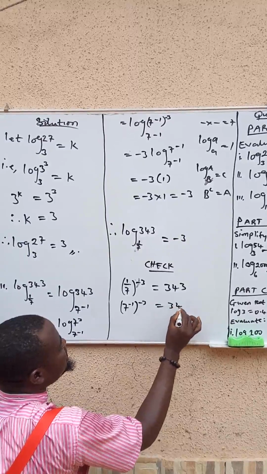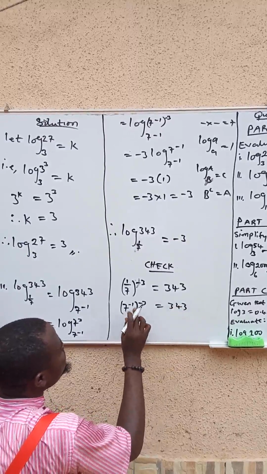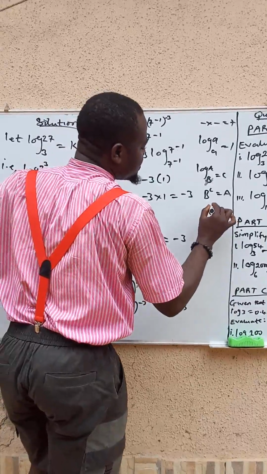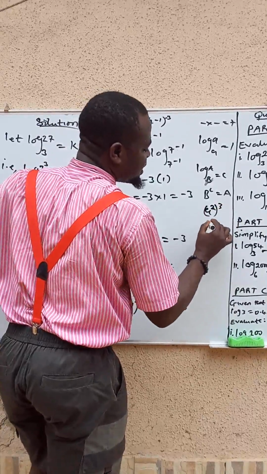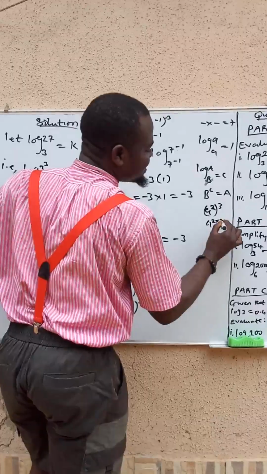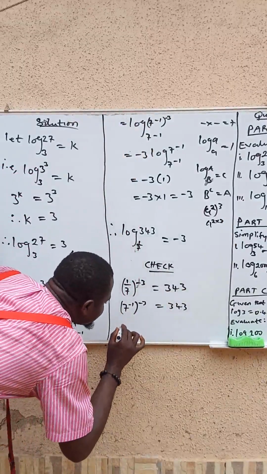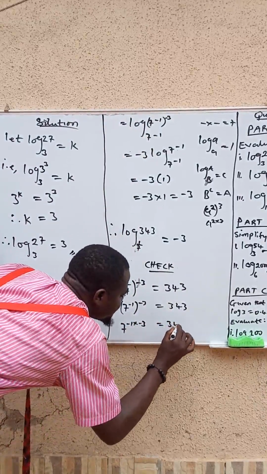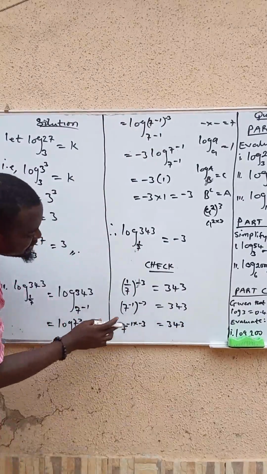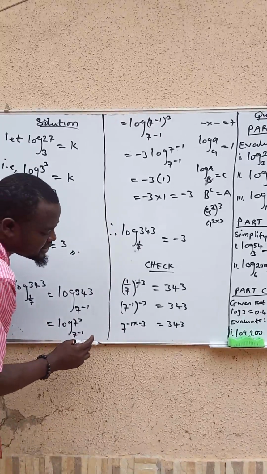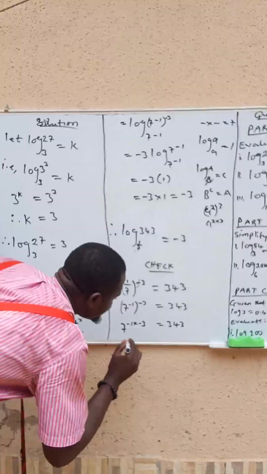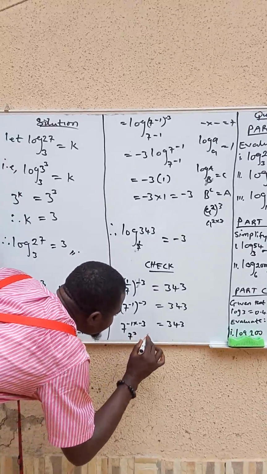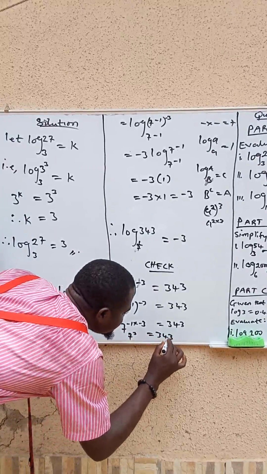In power law, a raised to power of 2 raised to 3 is the same thing as a raised to power of 2 times 3. So this will now be 7 raised to power of minus 1 times minus 3. Minus 1 times minus 3 is 3, because minus times minus is plus. So that means 7 raised to power of 3 is equal to 343.